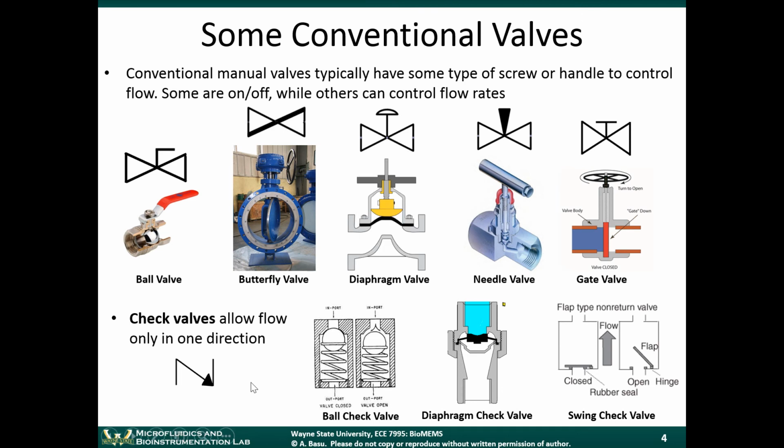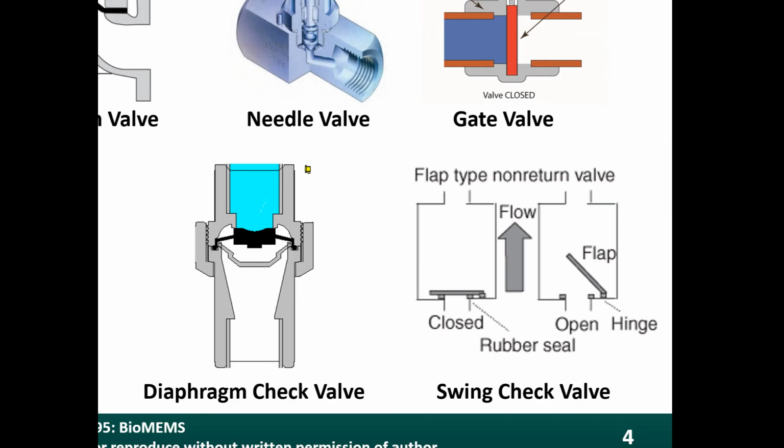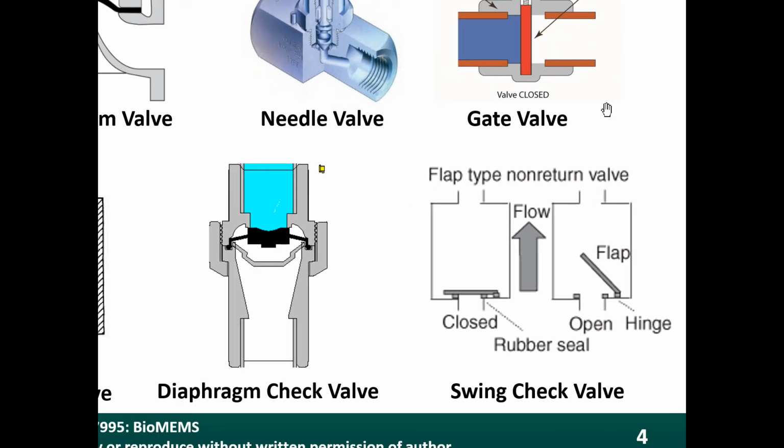Another concept with valves is something called a check valve. A check valve is something that allows flow only in a single direction. So let's start with this one because this is something that all of you have in your homes. A swing type check valve is used in toilets.